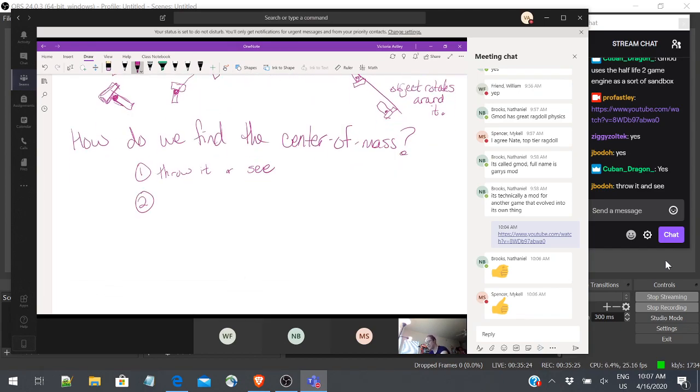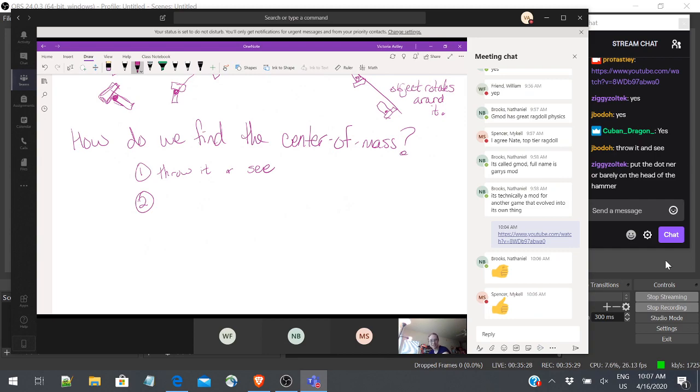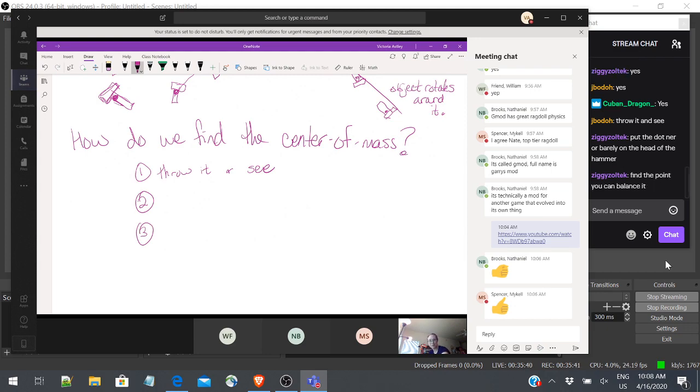There's another way to do it physically. It's going to be near or barely on the head of the hammer. That's true. Is there a way to figure out exactly where it should be? Find the point you can balance it. Also true.